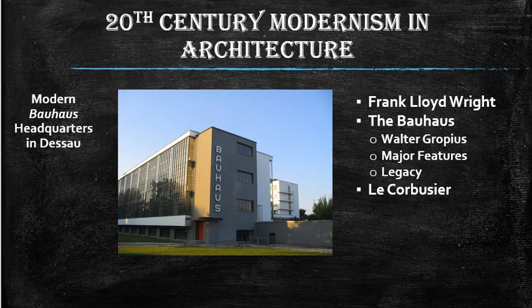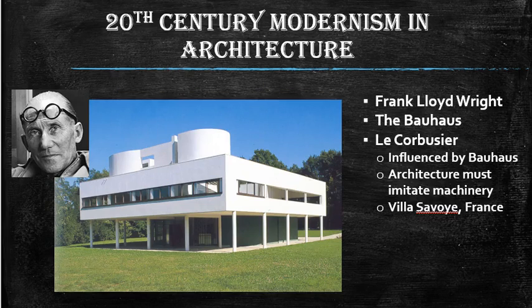One prominent architect who borrowed liberally from Gropius's International style, but wasn't formally associated with the Bauhaus per se, was Charles Edouard Jeanneret, more widely known by his nickname Le Corbusier, which, depending on what source you read, is either a modernized version of an ancestor's surname, or it may be a play on words, referring to corbeau, which is the French word for raven.